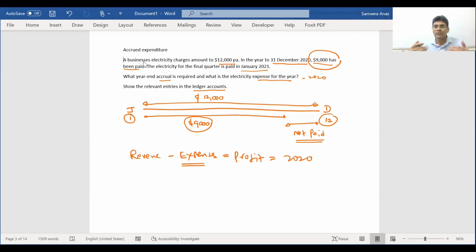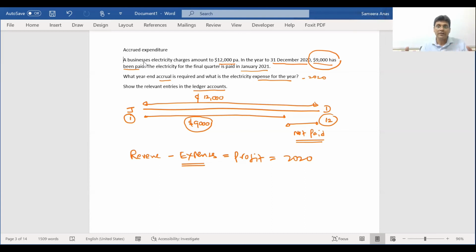If it is 12 months, the 12 months rent has to be accounted for, the electricity has to be accounted for. So you can't take only the cash payments because the business has been in operation for 12 months. Since you have paid for 10 months electricity, you can't match your revenue with your expenses of 10 months.